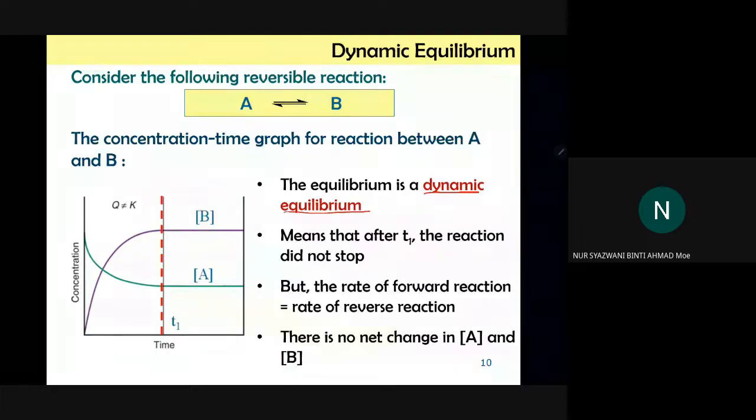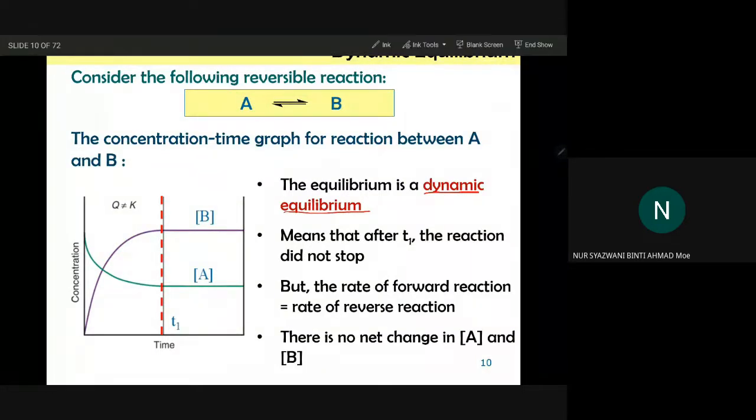Okay, so before I proceed, ada apa-apa soalan tak setakat ni? Is everything clear? Kurang faham lah, Sir. Kurang faham daripada mana tu?